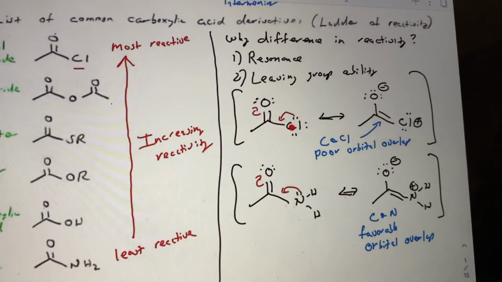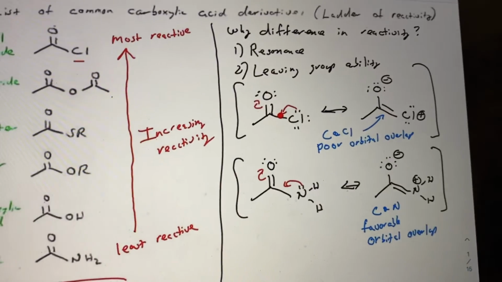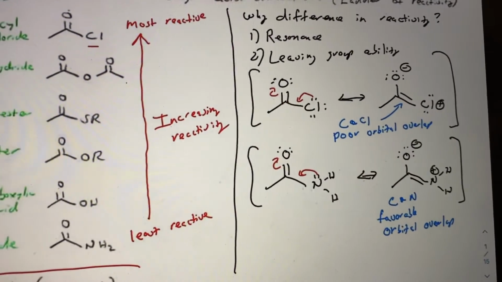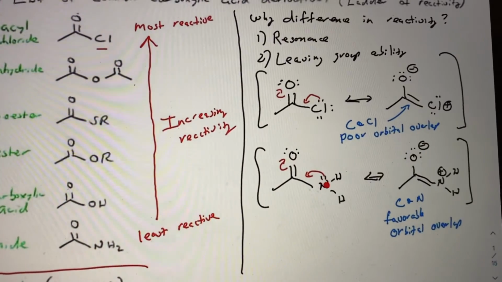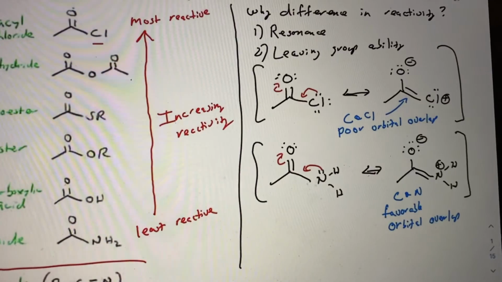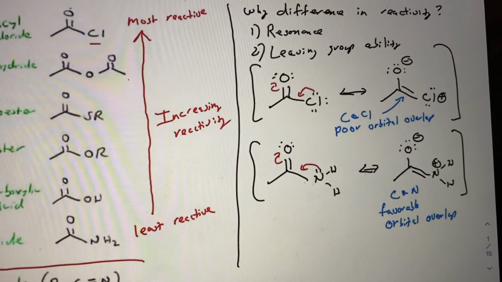So this chlorine here doesn't really do this very much. It's not really donating electron density to this carbonyl carbon in this particular case. Whereas the nitrogen can donate a lot of its electron density into that carbonyl carbon, which means that this right resonance structure is a significant resonance structure.